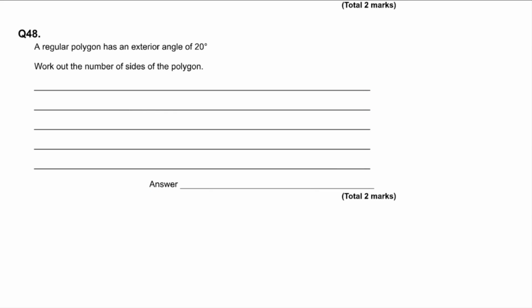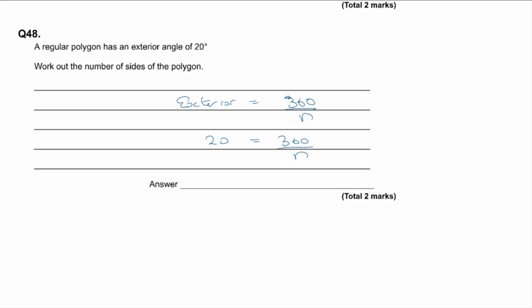Right, question 48. A regular polygon has an exterior angle of 20. Work out the number of sides of the polygon. Okay, well we've just been using this twice then. Exterior angle is equal to 360 divided by n. So if the exterior angle is 20, then I've got 20 equals 360 divided by n.